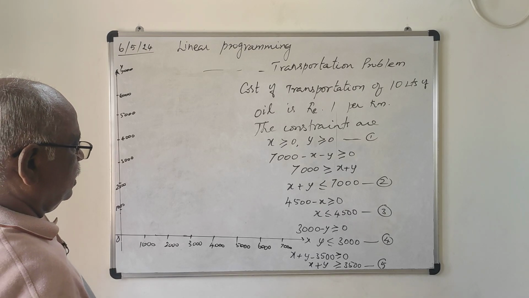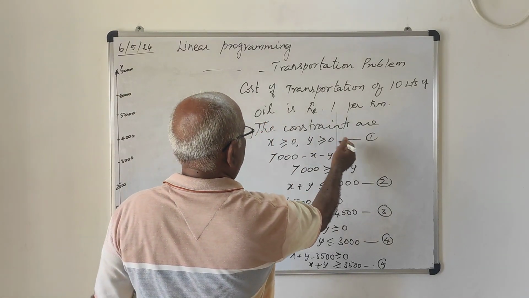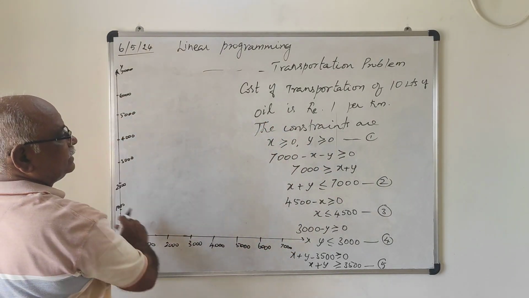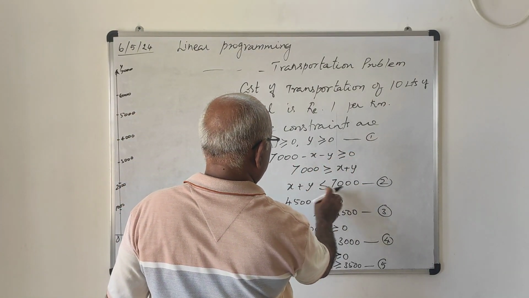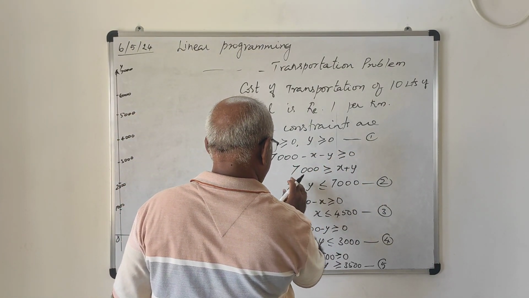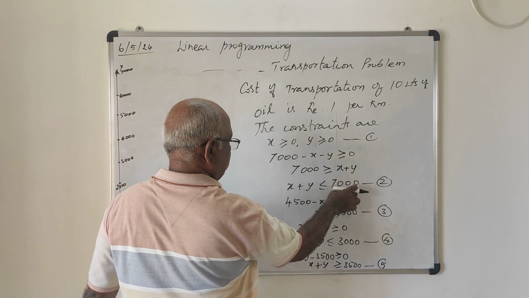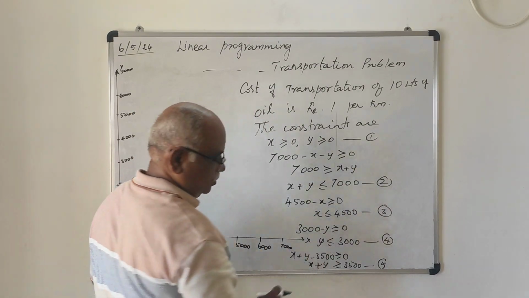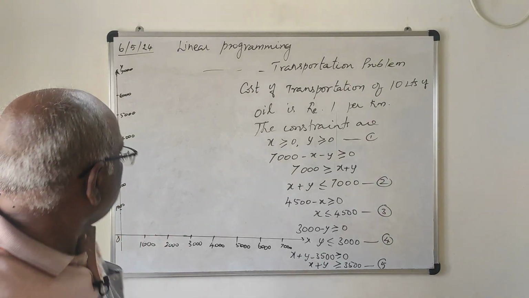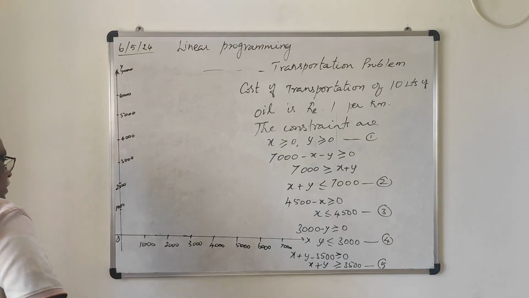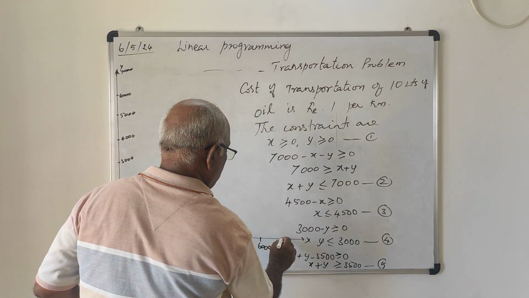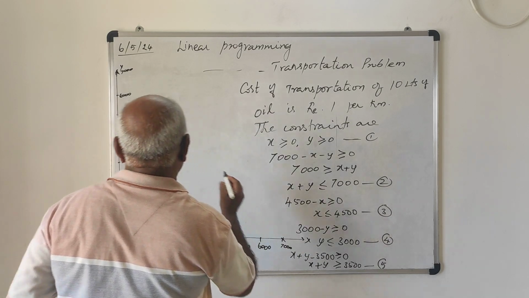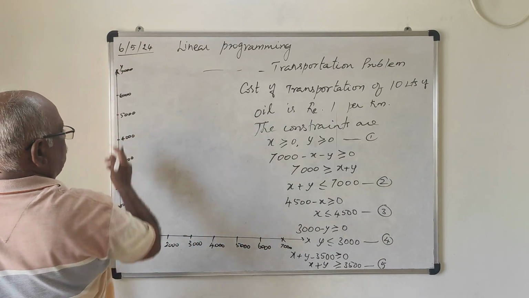So first is x greater than 0 and y greater than 0, which is the x-axis and y-axis. Third one, x plus y greater than or equal to 7000: if you put x equal to 0, y is 7000. If you put y equal to 0, x is 7000. So if you draw the graph, x is 0, y is 7000, and y is 0, x is 7000.